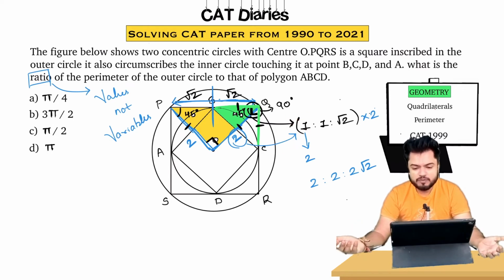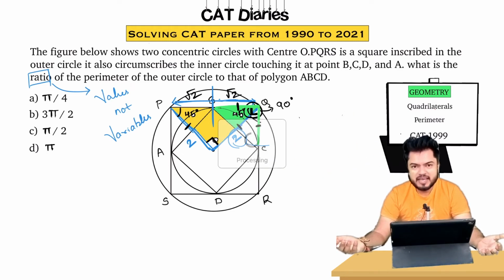Now if I complete this green triangle, it becomes again a 45-45-90 triangle. How do I understand this? Because the two sides are equal, both equal to root 2, as they are tangents drawn from an external point. This gives me that it's a 45-45-90 triangle, so I know the ratio of the sides.